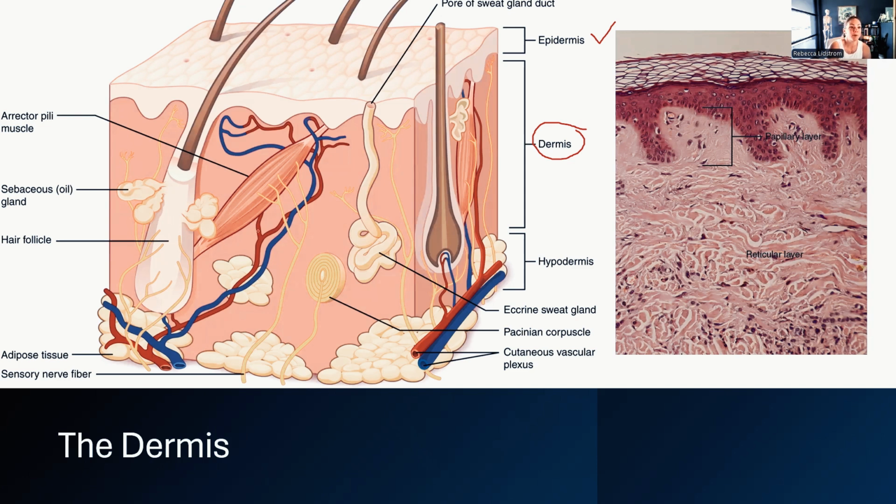We can see here an erector pili muscle, which is going to help with the movement of the hair follicles. We also see the importance of that in our maintenance of homeostasis in trying to keep us warm or cool. Same with sweat, helping maintain homeostasis by giving us evaporative effects.